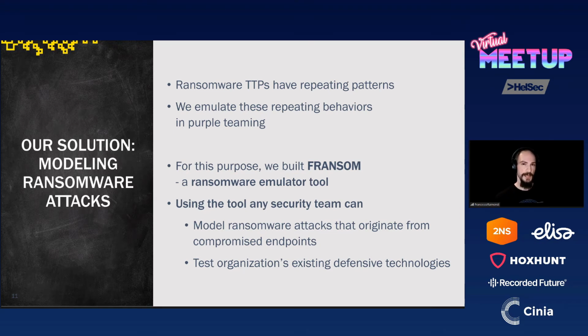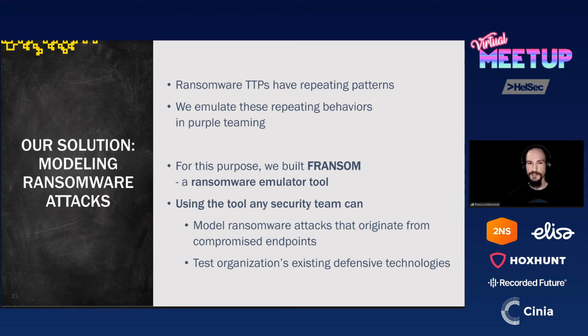So we realized that we would benefit from automating the execution of all these TTPs in order to focus on the emulation of specific threat actors. What we decided to do was to develop a tool, which we named Fransom, which helps us do exactly that: emulate typical ransomware attackers' patterns and behaviors throughout the entire attack life cycle.